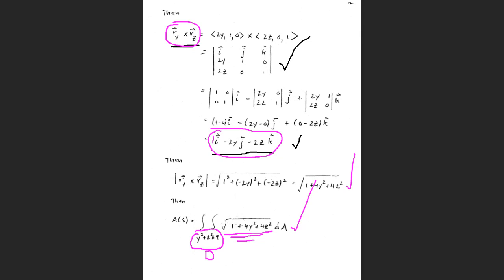We can think of this then as the double integral over my region y squared plus z squared less than or equal to 9 of the square root of 1 plus 4 times y squared plus z squared dA.